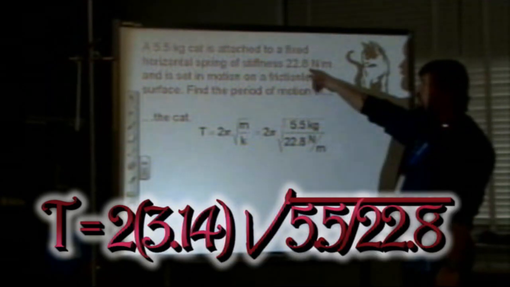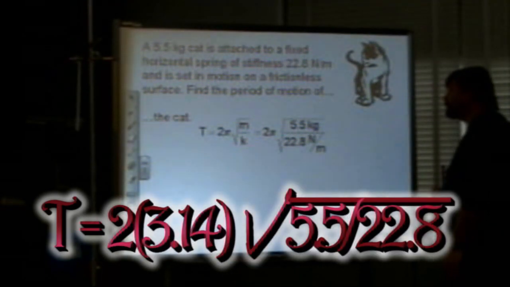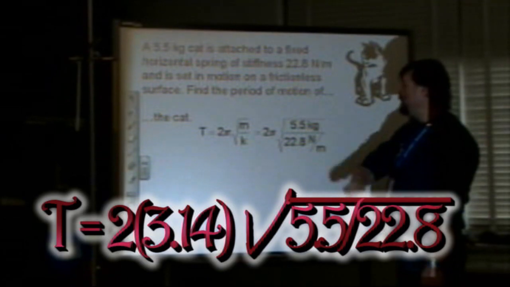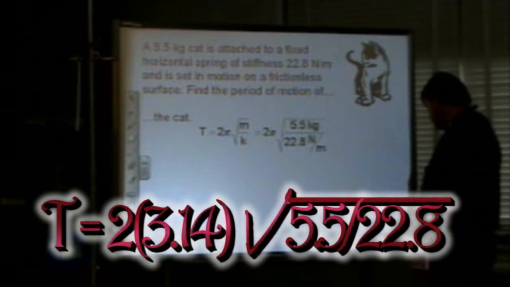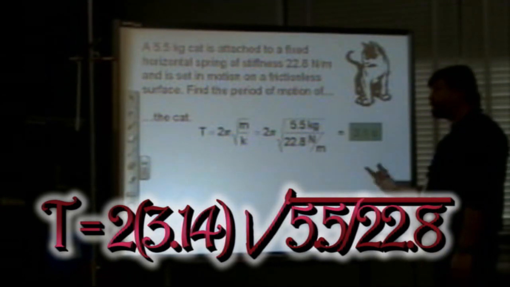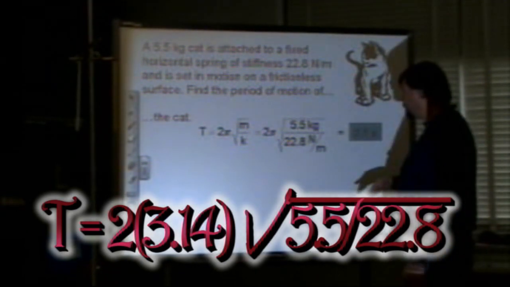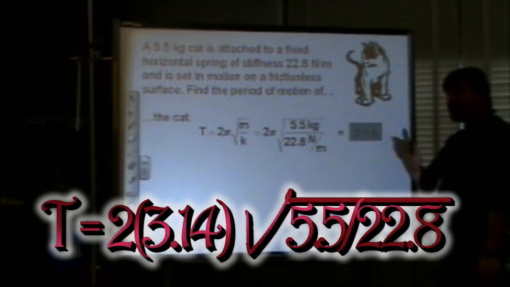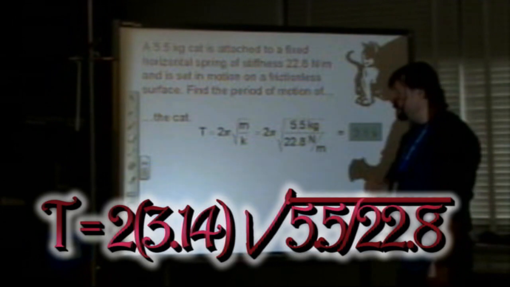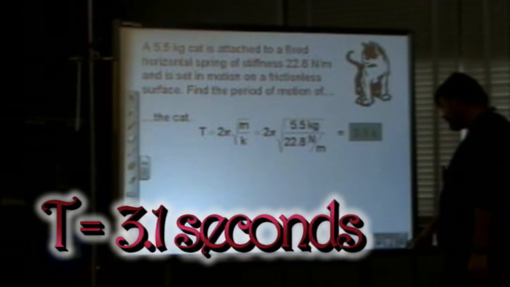Our spring constant is 22.8 newtons per meter, and the mass of the cat is 5.5 kilograms. And we put in pi, which is 3.14, times 2, and we determine that the period of oscillation back and forth for the cat would be 3.1 seconds.